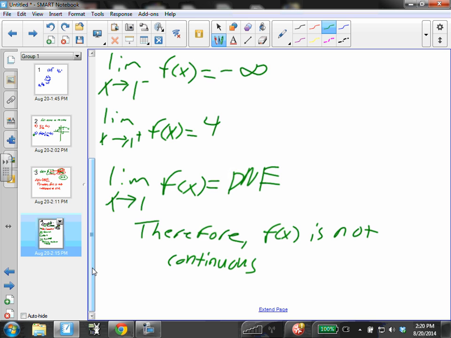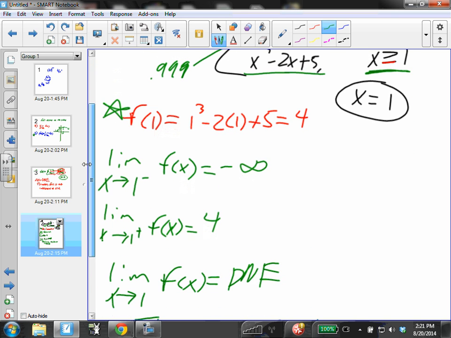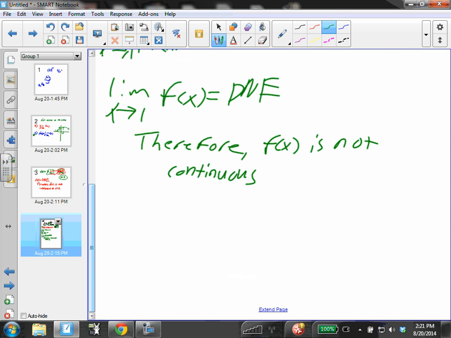And I want to specify, it's not that the function is just not continuous in general. The function is not continuous at x equals 1, right? That's the point that we were actually talking about. So we've shown that the function is not continuous at x equals 1.